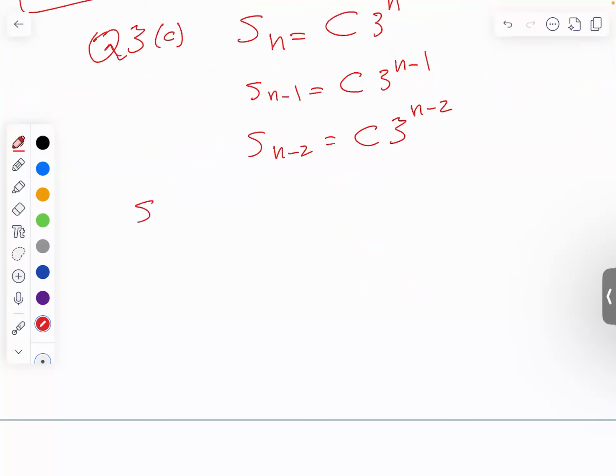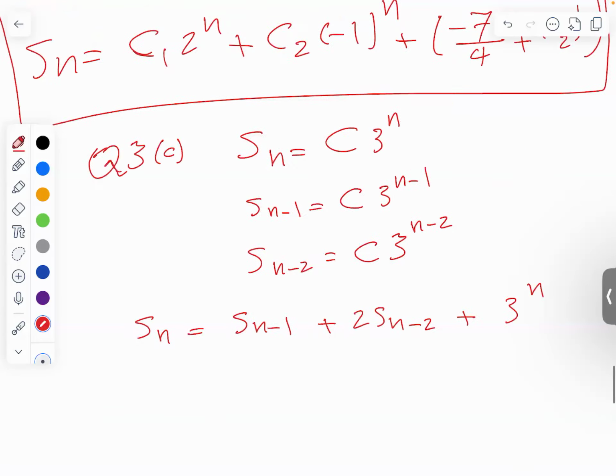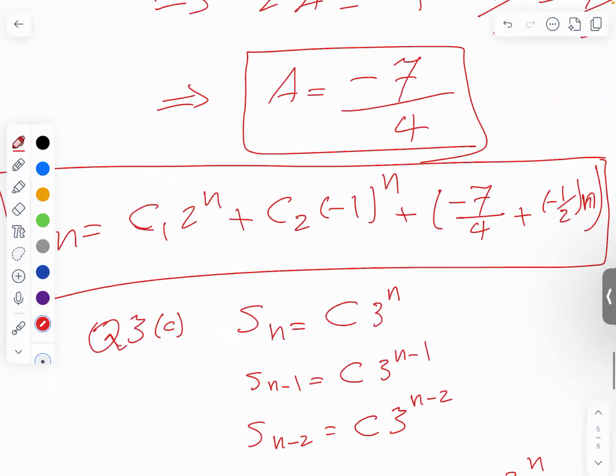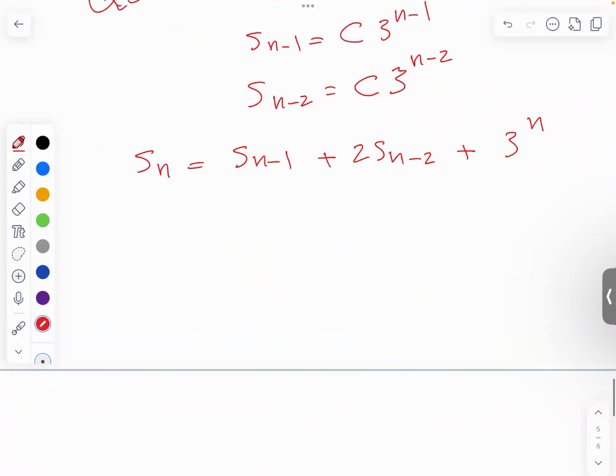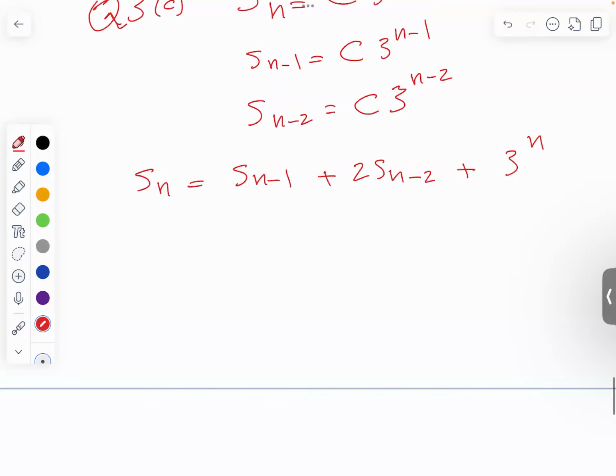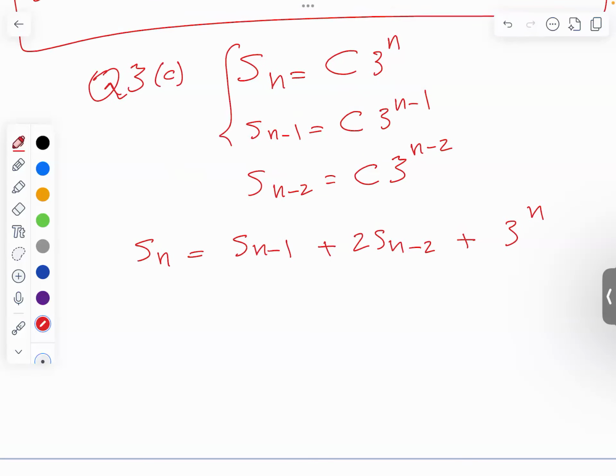Just to remind you that Sn equals Sn minus 1 plus 2Sn minus 2 plus 3 power n. Am I right? So by using this one, substituting, I don't want to do coloring again.